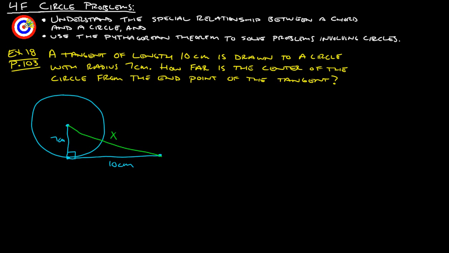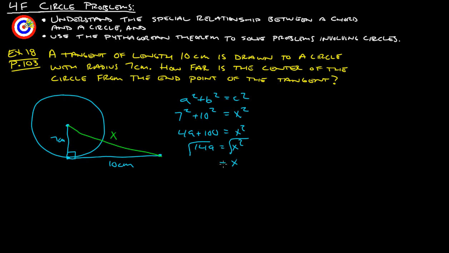So back to Pythagorean theorem, a squared plus b squared equals c squared. Again, our hypotenuse is the x, and so we'll use 7 and 10 for our legs. So 49 plus 100 equals x squared. So 149 is x squared.